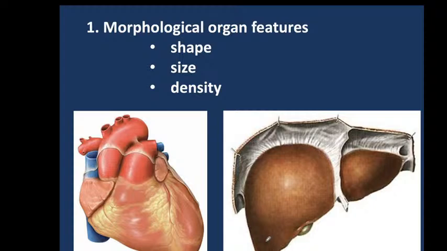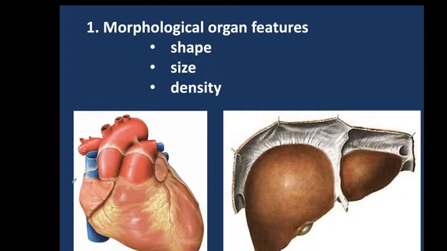Well, what about the morphological features of an organ? It would be shape, size, and density. Because sometimes the organ shape is different from what we have in mind.